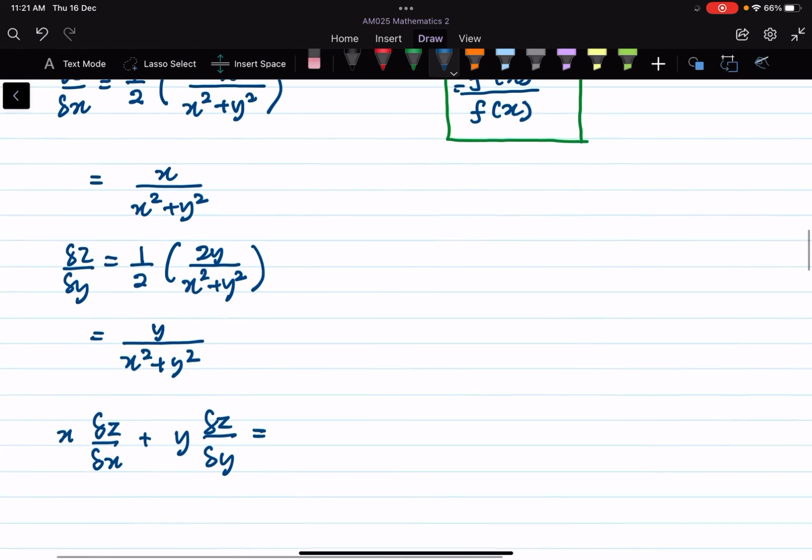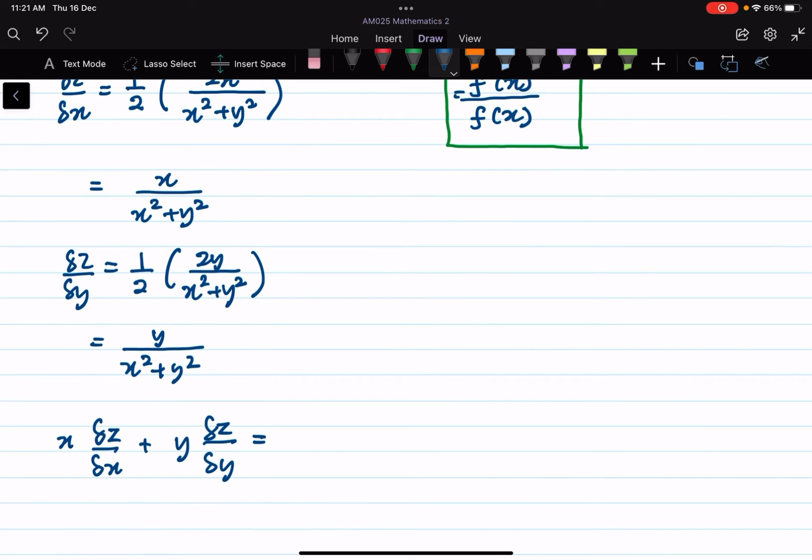Now substitute, then we're going to show whether it becomes 1 or not. So x times x over x squared plus y squared, plus y times y over x squared plus y squared.